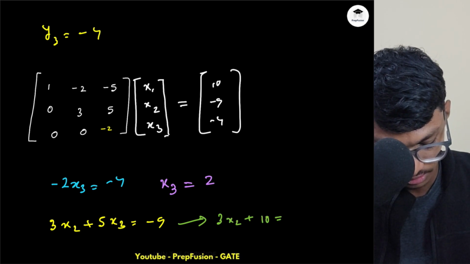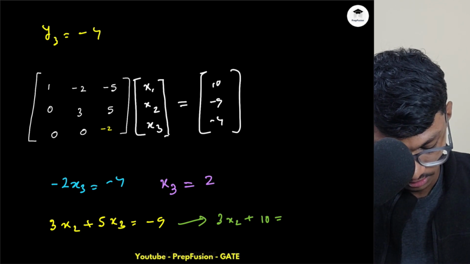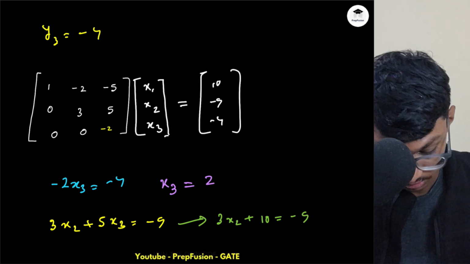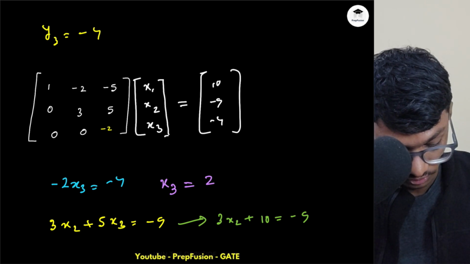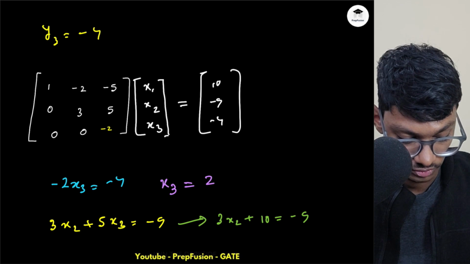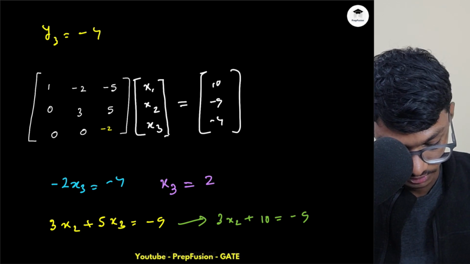So this is 10, and okay, am I making a mistake? This is minus 9, right? Yeah, this is minus 9. Sorry, yeah, this is 10. Yeah, this is minus 9. So this goes up there. So this goes to minus 19, and this is divided by 3.